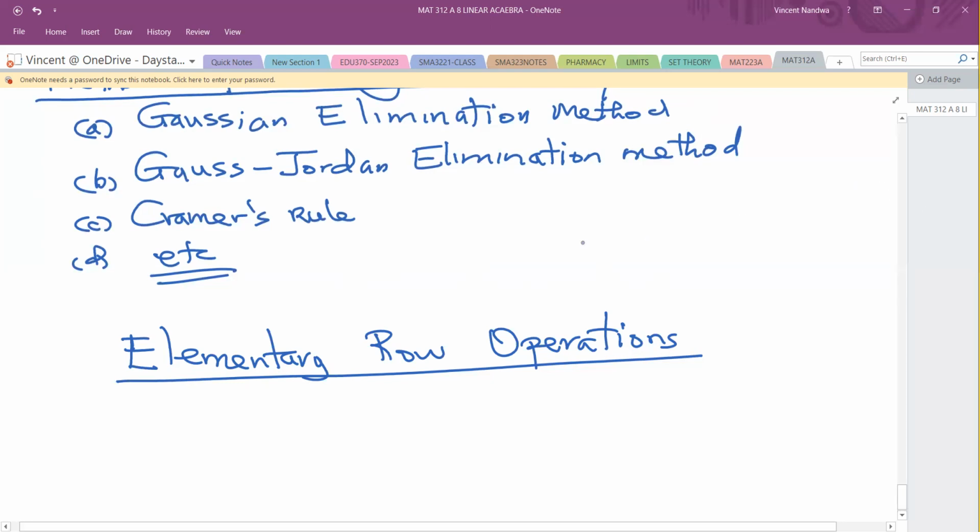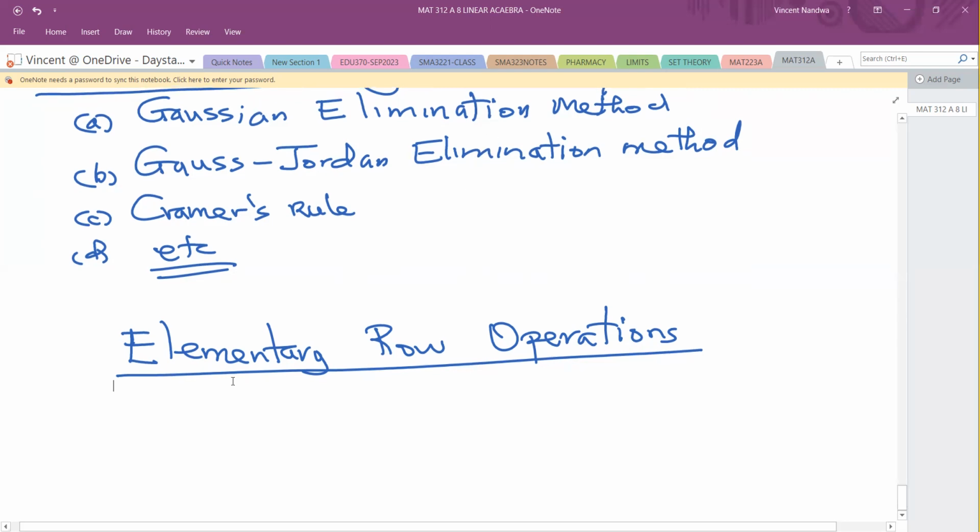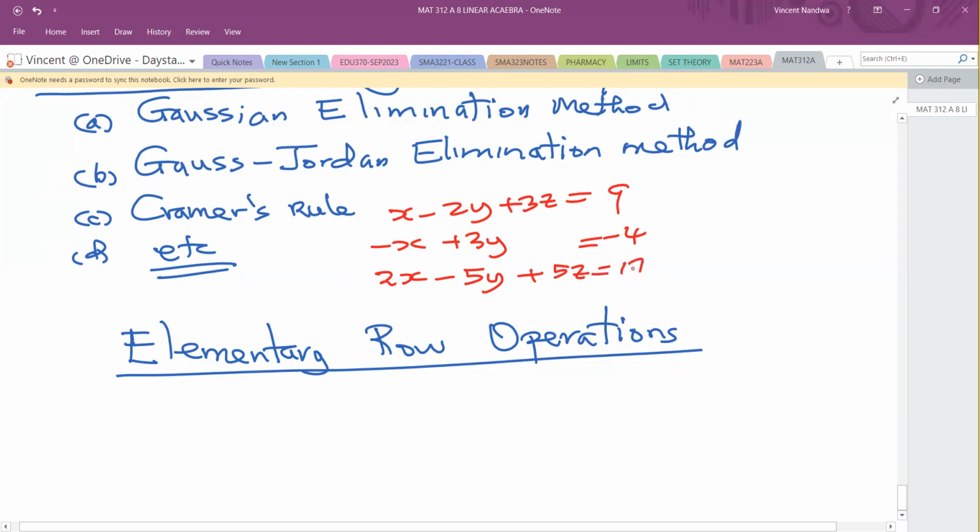Like if I give you a system like, so before I set this one here, if someone gives you, say, x minus 2y plus 3z equals to 9, minus x plus 3y equals to minus 4, and then 2x minus 5y plus 5z equals to 17.